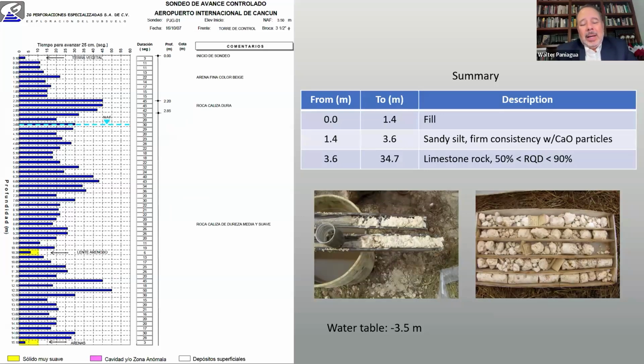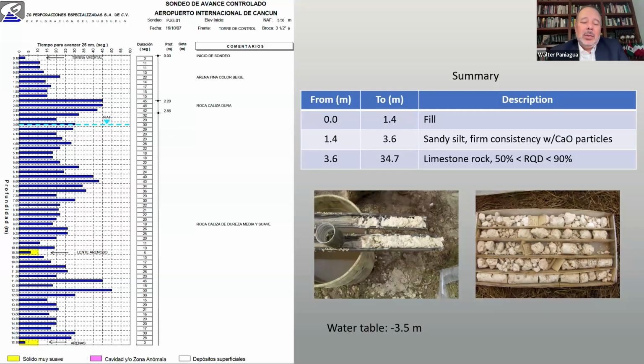And soil exploration, I must admit, it was poor, especially the rock sampling. You can see some rock samples, if you can call them like that, here in the photograph in the right bottom. And unfortunately, they were not good.